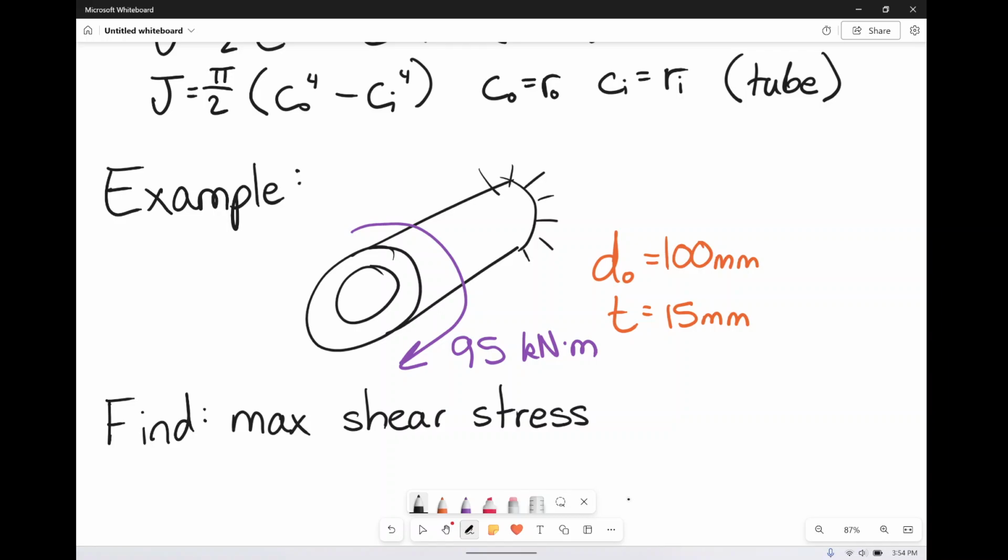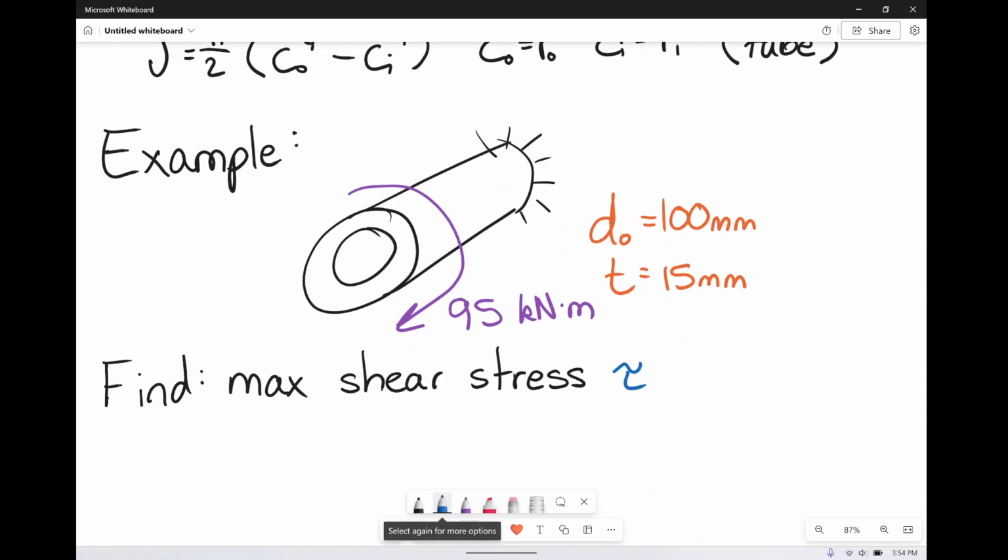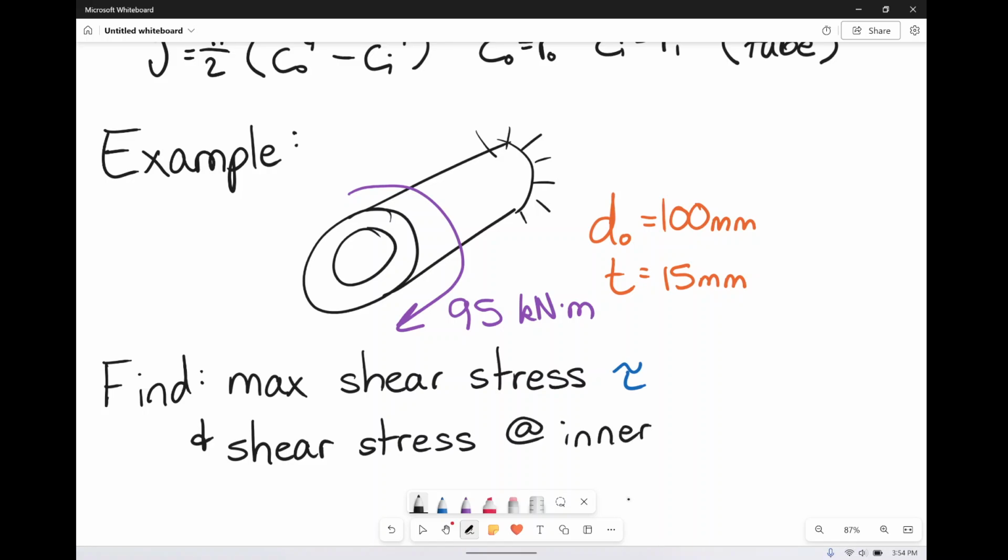And remember, shear stress is tau, right? That is shear stress. We're not going to be using it with V over A, not that. We're going to be doing shear stress though, but it is due to torsion. And we want to find shear stress at the inner wall. So that's our problem.